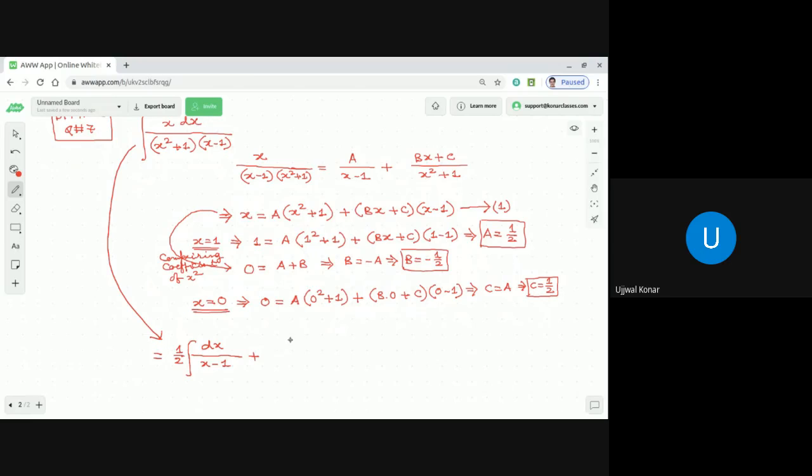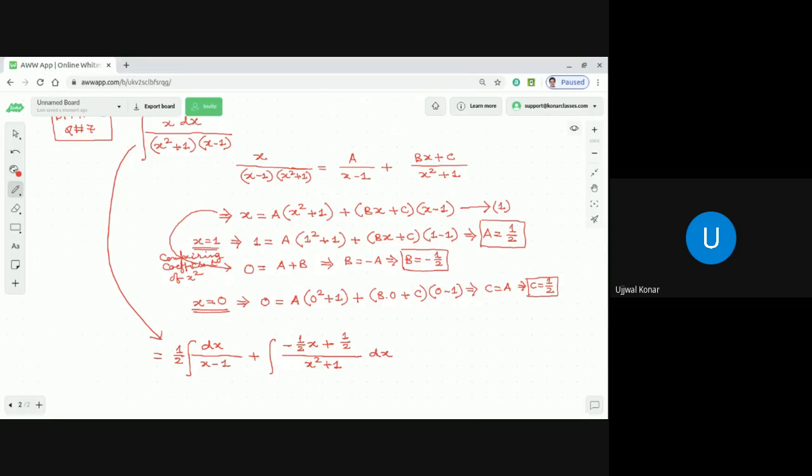Or for the sake of simplicity, bx, that is minus half into x, plus c, that is 1 by 2, and the denominator is x square plus 1, dx. Absolutely clear?